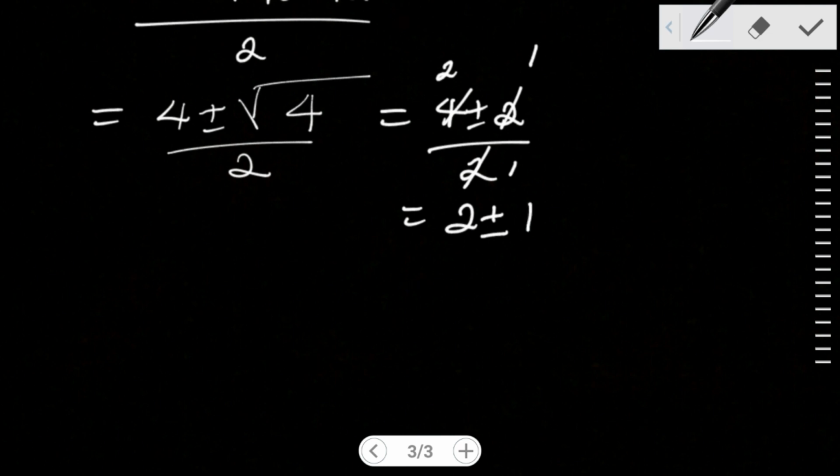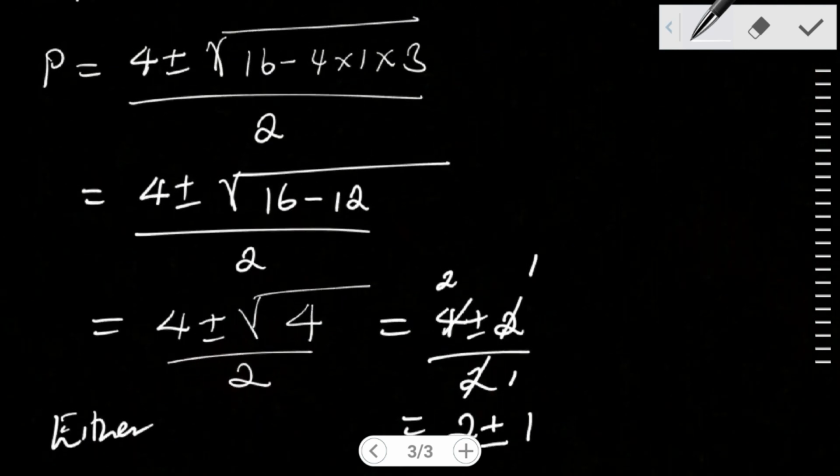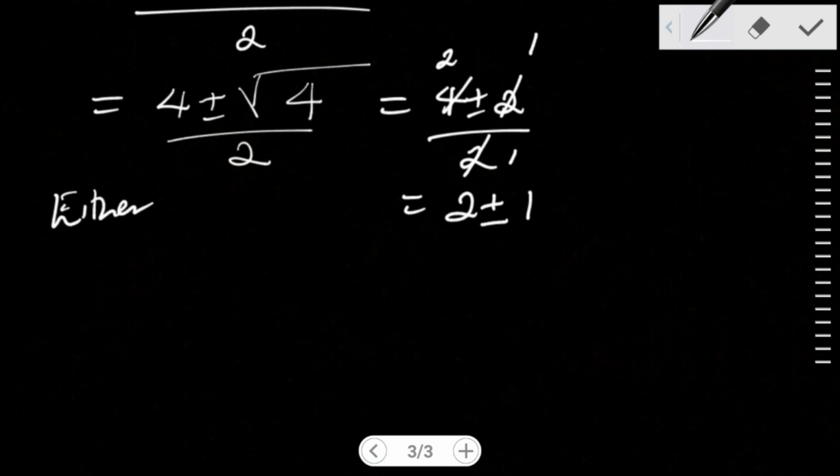And then either p is equal to 2 plus 1, giving me a 3.